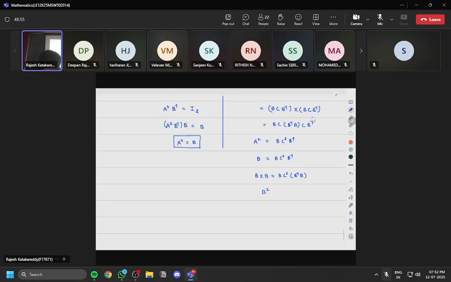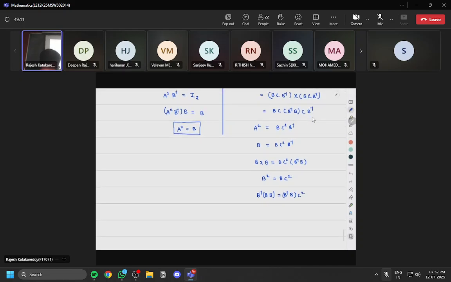B square is equal to B into C square. Multiply with B inverse on the left side. B inverse into B is equal to B inverse into B into C square. So now C square is equal to B.